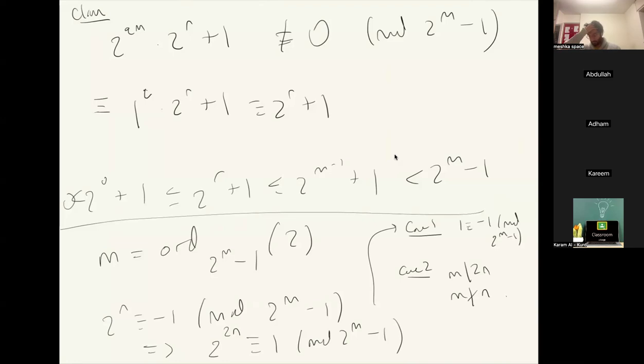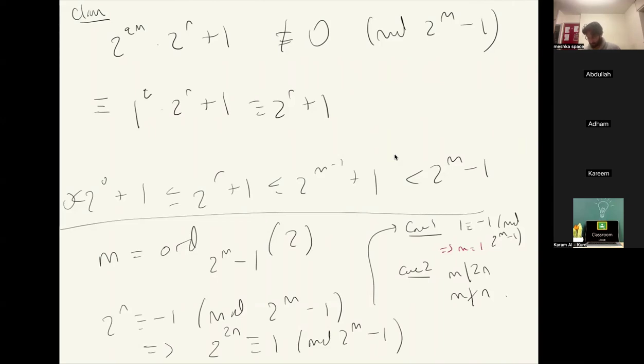In the first case, we have 2 is congruent to 0 mod 2^m - 1, and that gives us that 2^m - 1 is either 1 or 2. 2^m - 1 cannot be 2, so 2^m - 1 is 1. So there's only m equals 1 in this case.